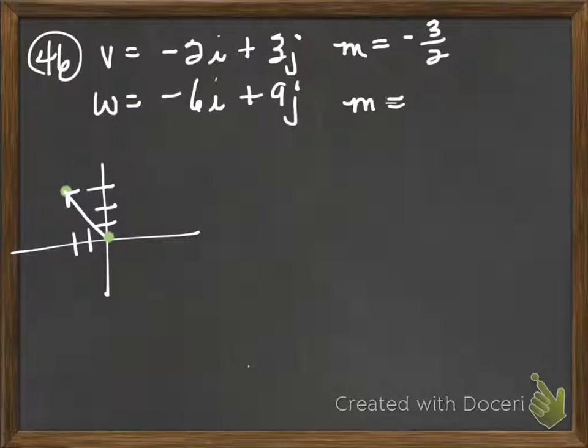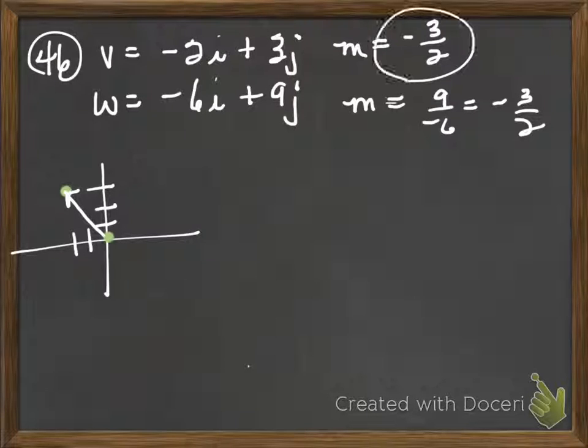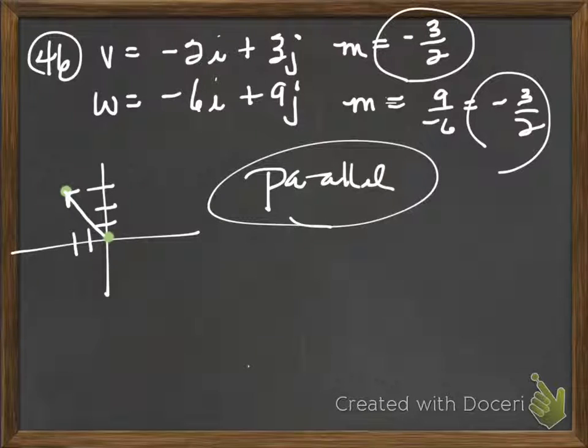It would be 9 over negative 6, which reduces to negative 3/2. So if I were to graph the vector negative 6 and 9, it would be parallel. It's just a lot quicker to do slope here. You get exactly the answers that you're supposed to. So for number 46, you're going to say parallel because we found the slope of both vectors and they were the same.